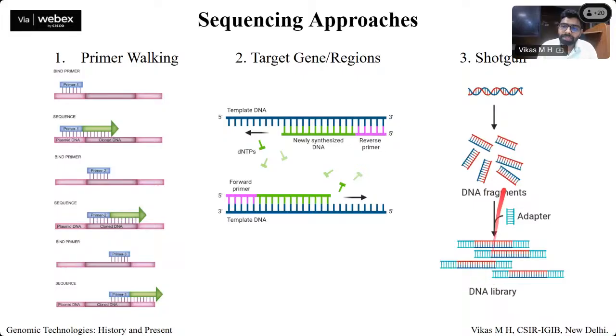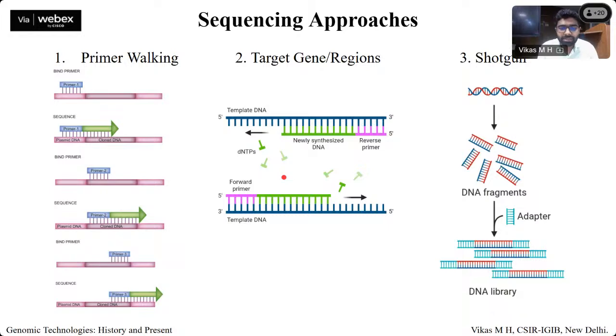But this is a tedious process. One more method that you can use is targeting genes and regions. Say you just want to check for the breast cancer gene. You just need to design a primer for the BRCA2 gene, and then check for it.